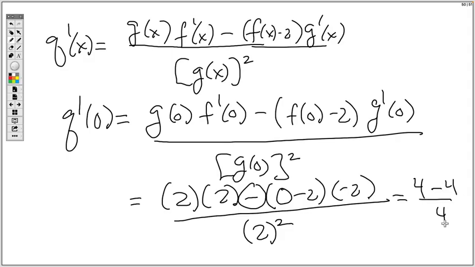Subtracted. So sure enough, I get 0 over 4, which is 0. See how this is working or not, folks?